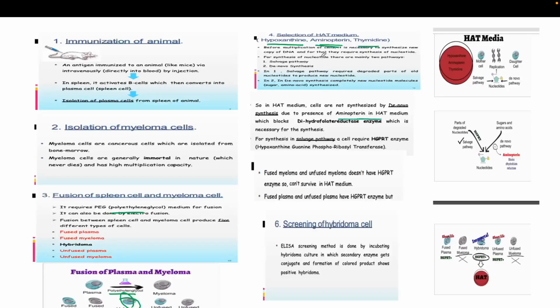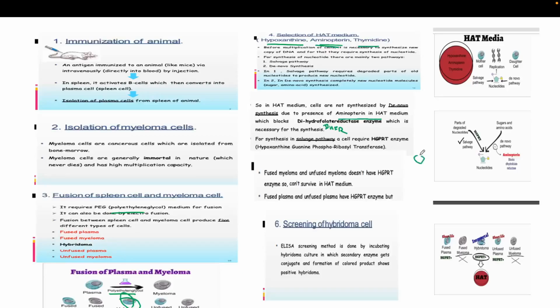Aminopterin works as an inhibitor of de novo synthesis and blocks the dihydrofolate reductase enzyme, the DHFR enzyme, which is necessary for nucleotide synthesis.